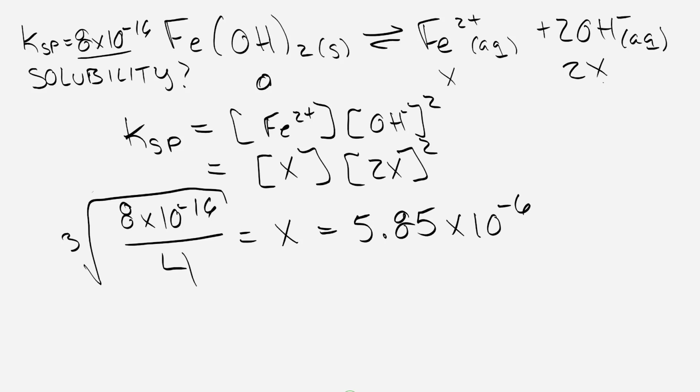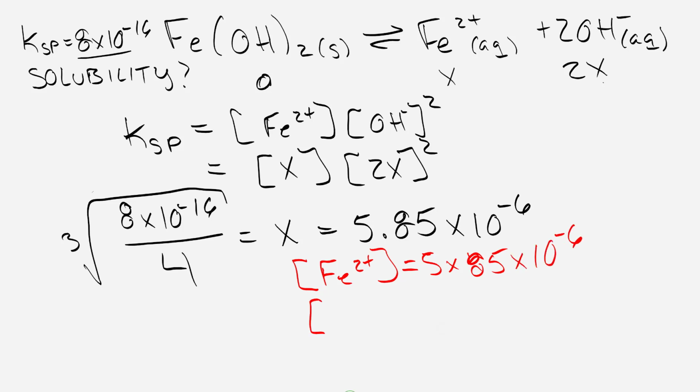Now let's keep track of what that number actually means. So the maximum concentration of Fe2 plus that we can have is just x, 5.85 times 10 to the negative 6.